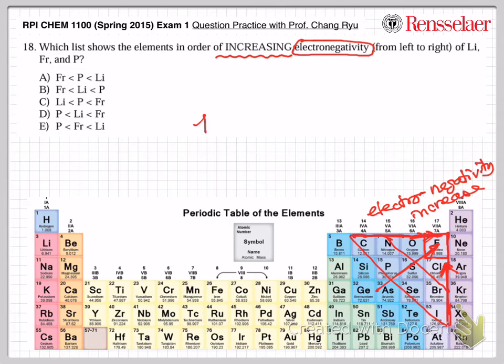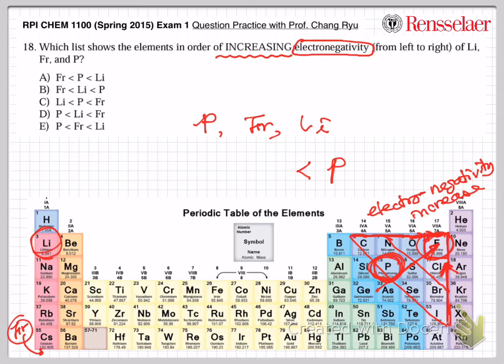There is a P, and there is an Fr, and there is a lithium. Where is the P? There it is. Where is the lithium? There is one. Where is the Fr? Actually, I cut it off, and Fr is right at the bottom here. So the one closest to the fluorine in this corner must be the P.